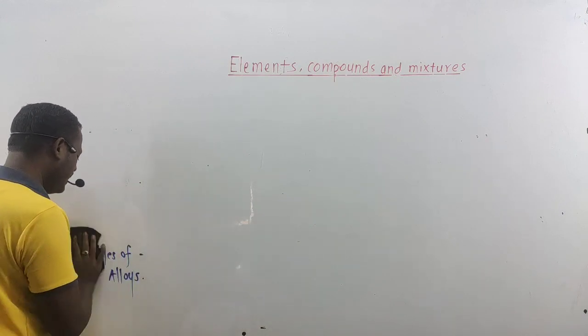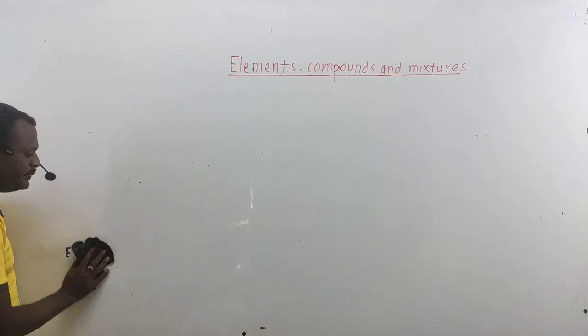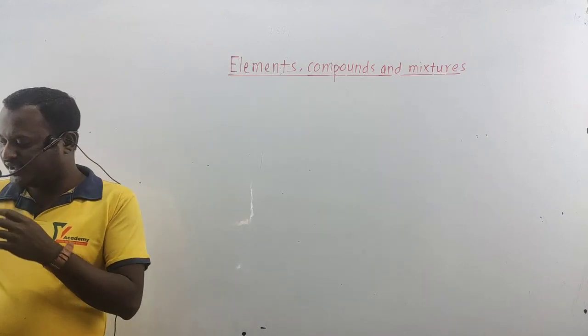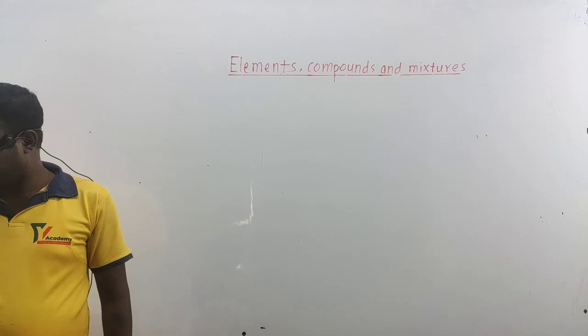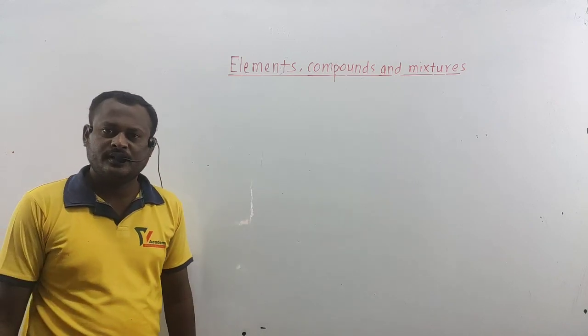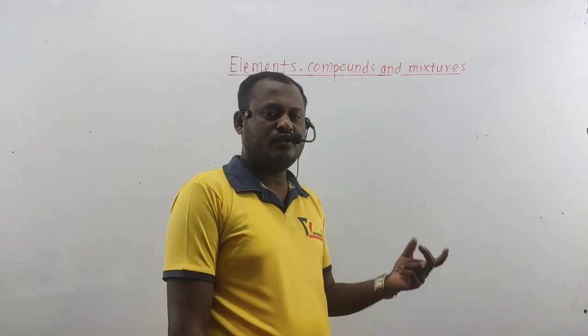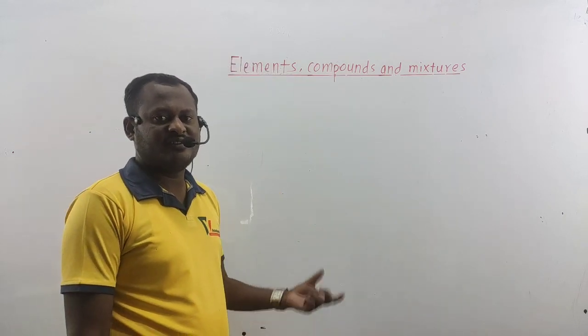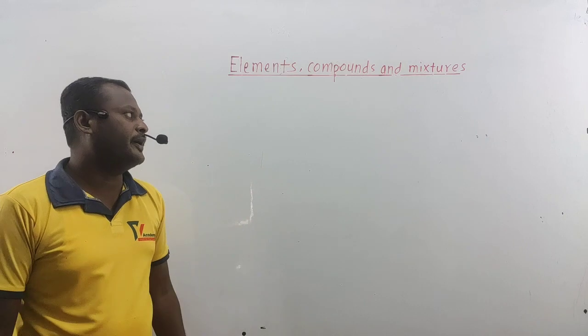So compound is also a pure substance. As we know, in chemical classification there are two types: pure substances and mixtures. In pure substances, elements and compounds.